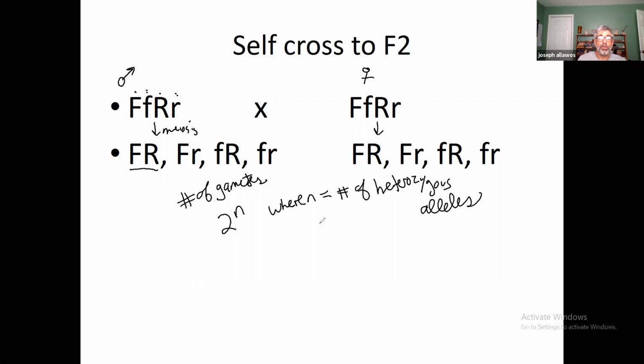Okay, what am I saying? Well, remember, a heterozygous allele is one of each, right? So how many heterozygous alleles does this parent have? It has one set of heterozygous alleles and another set, so 2 squared is equal to 4, and there's your 4 gametes.